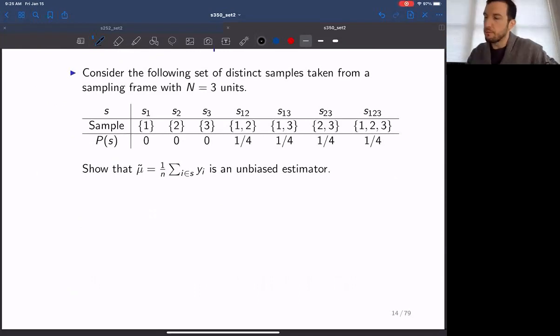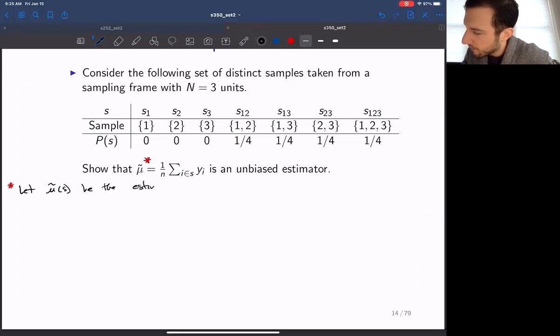So the mu tilde as it's written on the slide here. Okay, so we'll star this value, and we'll write: let mu tilde s be the estimator of mu for each sample.